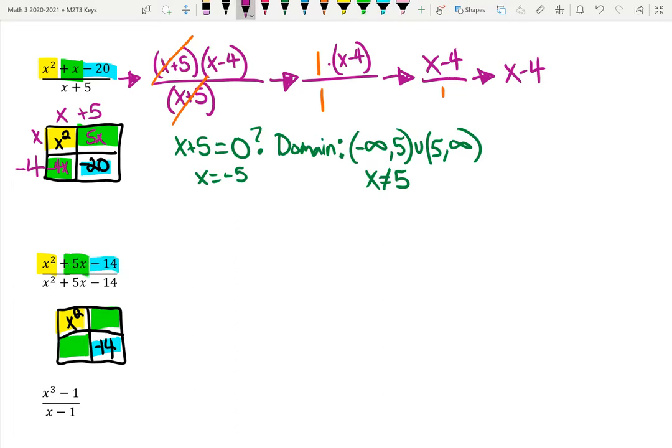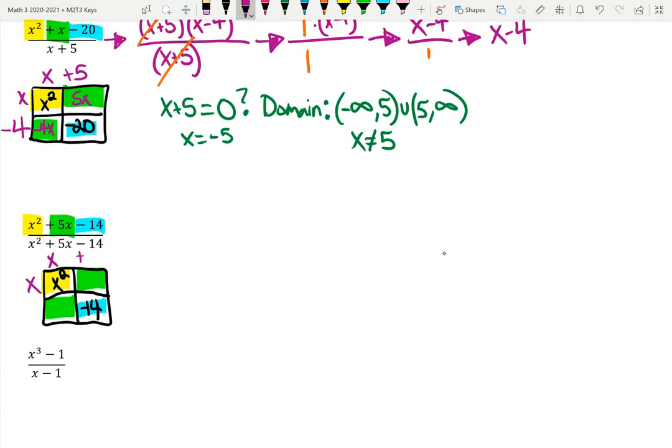After some thinking, x times x is x squared. I'm thinking about the factors of 14. Well, 7 and 2. What combination would make a positive 5? Well, positive 7 and negative 2 work. I multiply it out, and yes, the green section matches. This is the correct factoring.